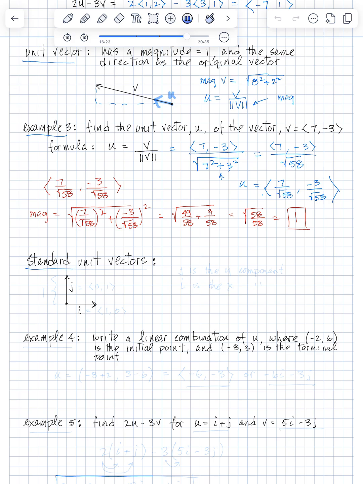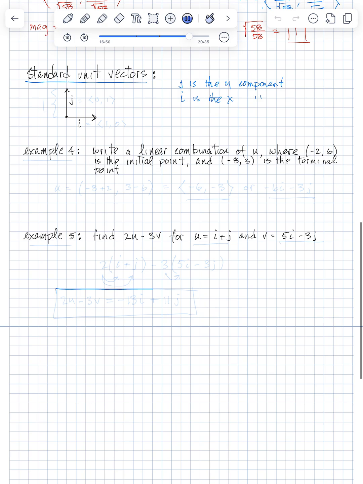Okay, we also have something called standard unit vectors. All that is, j is the y component, and i is the x component. It's just another way to write unit vectors.